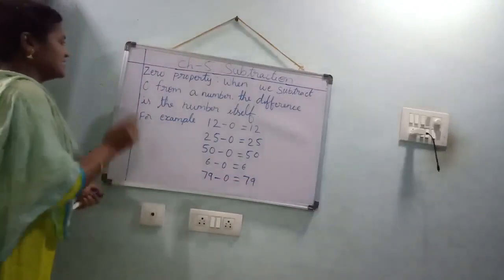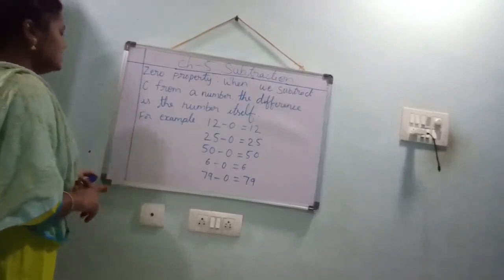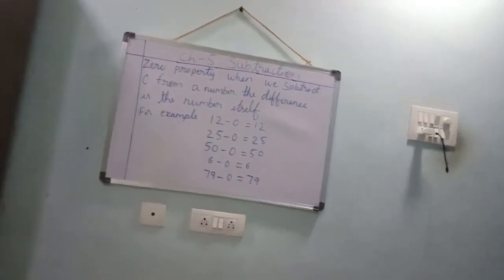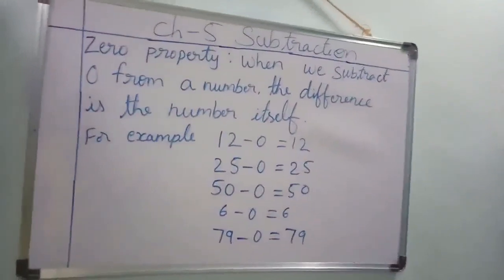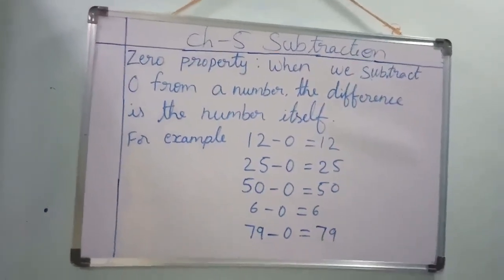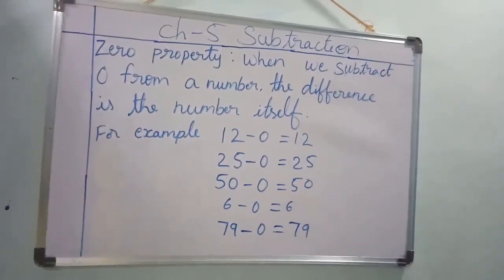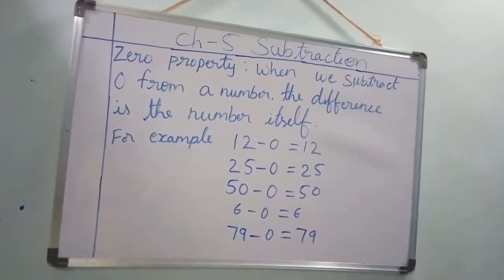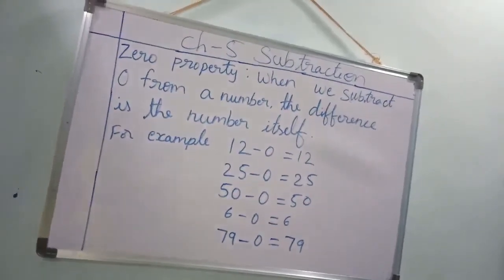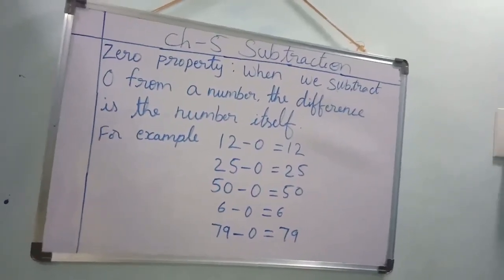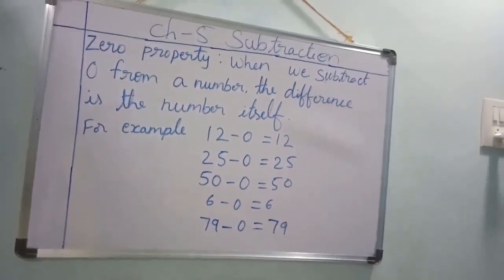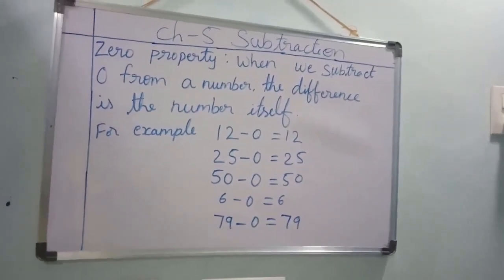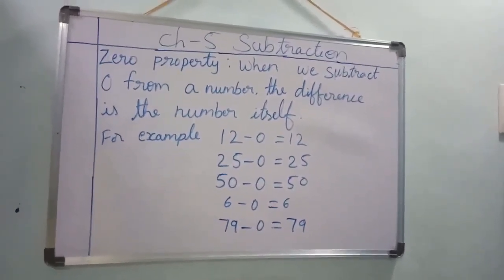When we subtract 0 from a number, the difference is the number itself. 12 minus 0, 12. 25 minus 0, 25. 50 minus 0, 50. 6 minus 0, 6. 79 minus 0, 79.